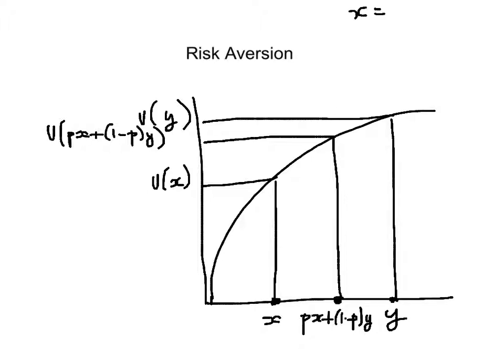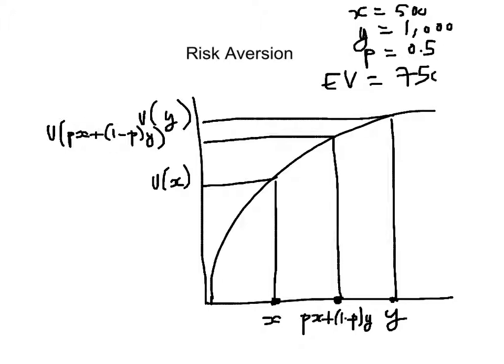If X is equal to 500, and Y is equal to 1,000, and if P is equal to 50%, what is the expected value of getting Y with a 50% chance and X with a 50% chance? Well, the expected value here is 750, right? 50% of 500 plus 50% of 1,000. So this number here is 750.